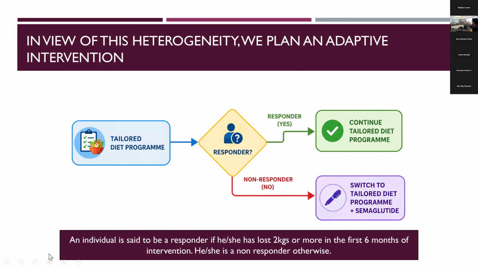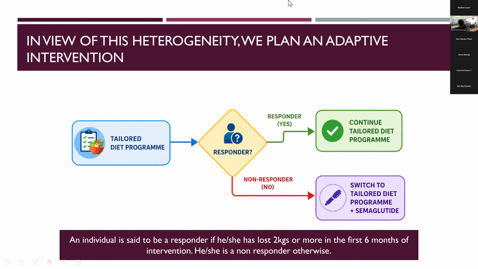So if we were to develop an adaptive intervention for this, it would look something like this. You have a run-in period with a tailored diet program for some amount of time, and then you look at whether they are a responder. If they are a responder, you continue the tailored diet program. If you are a non-responder, you switch to the same tailored diet program plus semaglutide.